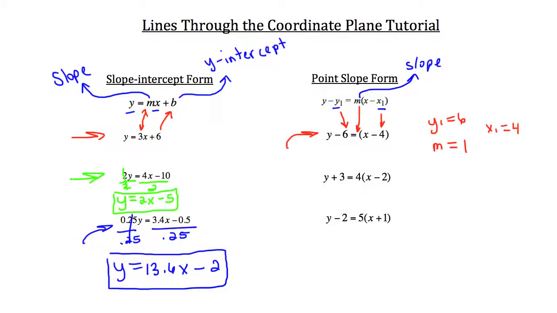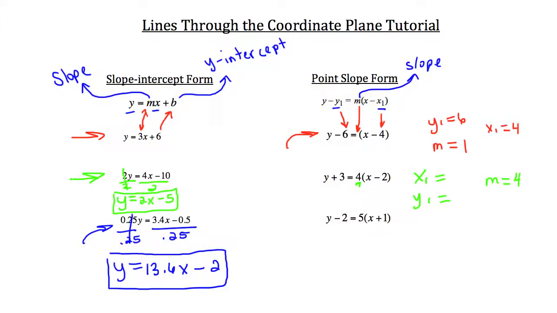Now take a look at the second equation down below that. Y plus 3 is equal to 4 times x minus 2. So in looking at this equation, could you tell me what the x1, y1, and slope of that line must be? Well, let's go over it. The slope comes before the parentheses on the right, so in this case, the slope must be 4.